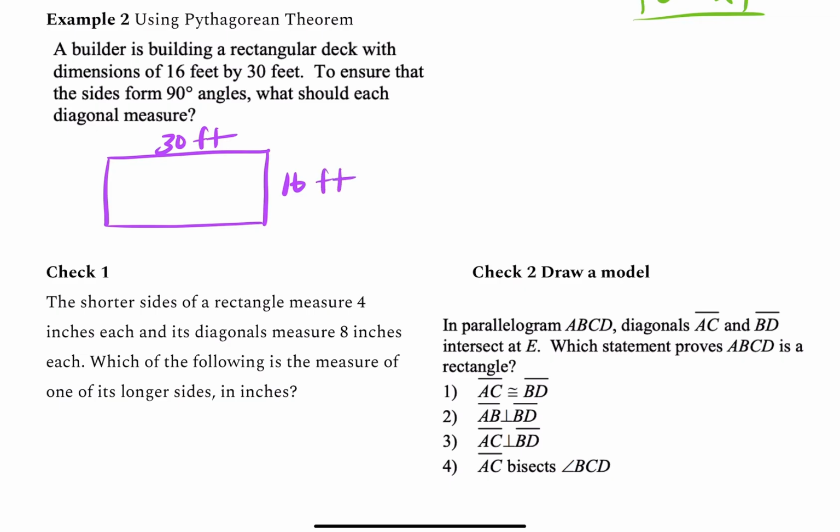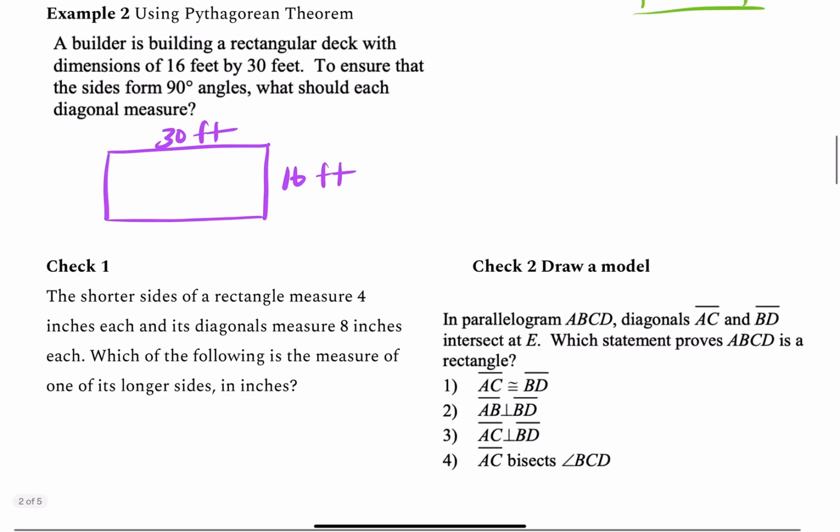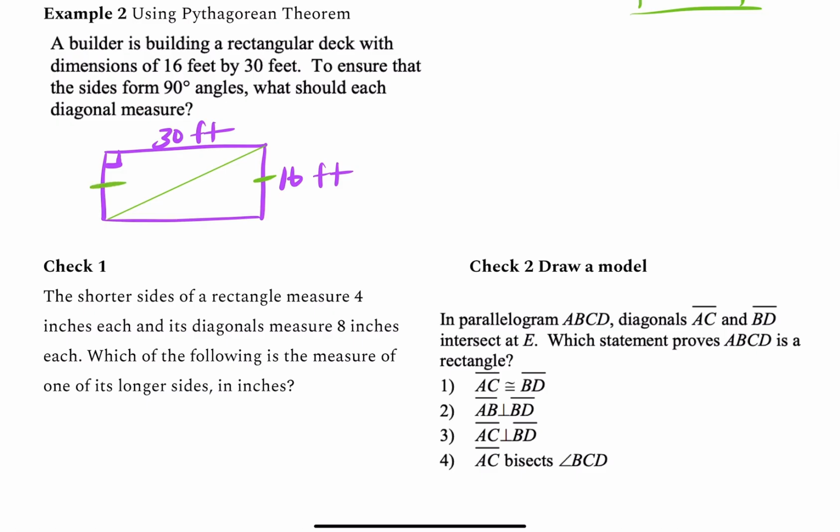To ensure that the sides form 90-degree angles, what should each diagonal measure? So I'm going to trace the diagonal. We know that the opposite side lengths are congruent. So if the shorter side is 16, the other side is 16 also, feet. And we can apply the Pythagorean theorem here.